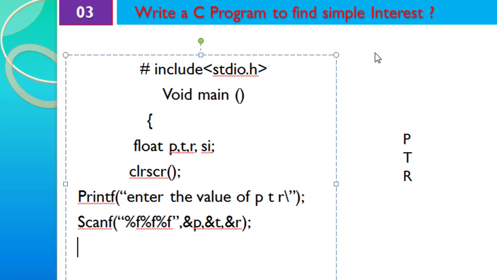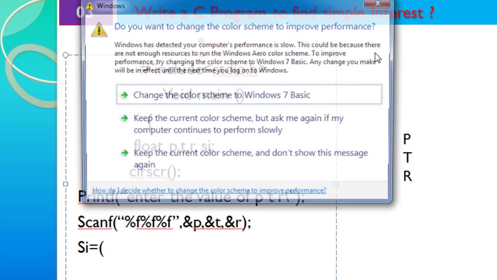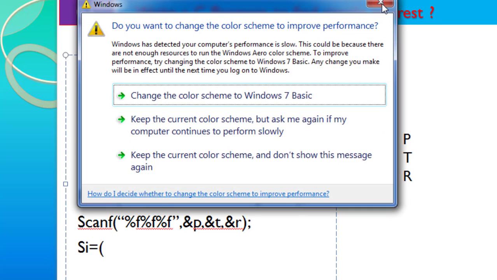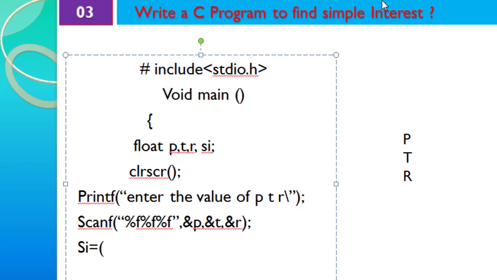Now you have to type the formula: simple interest equal to, you can write it in brackets or without brackets, for example p into r, bracket complete, divided by 100, semicolon. Don't forget to put it at last. Then again printf, double quotations.